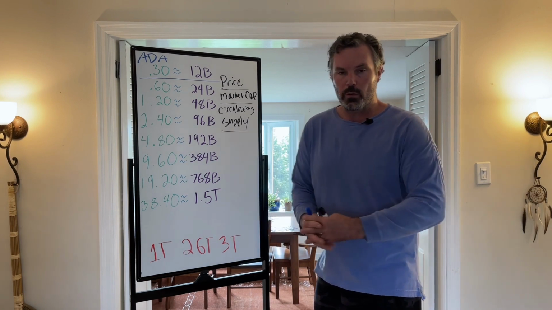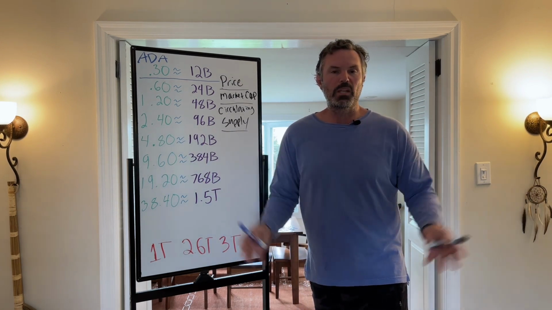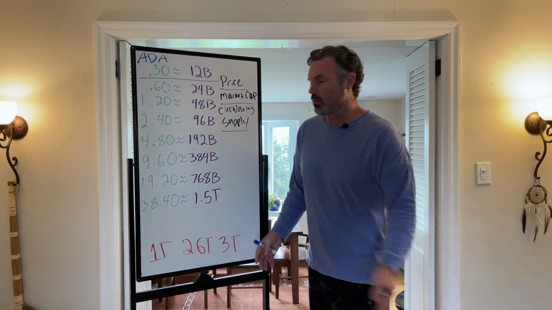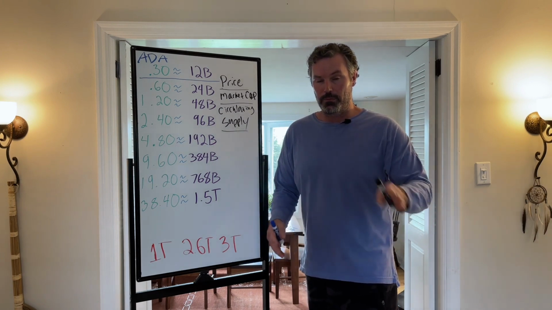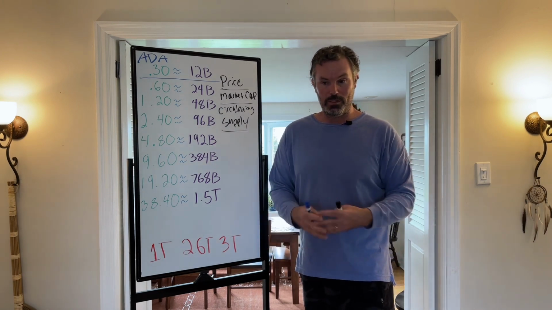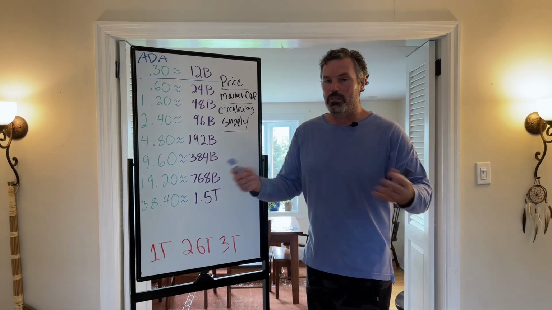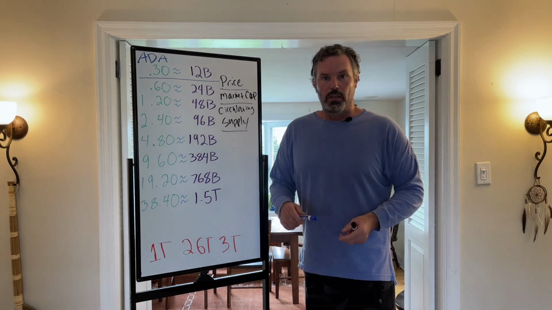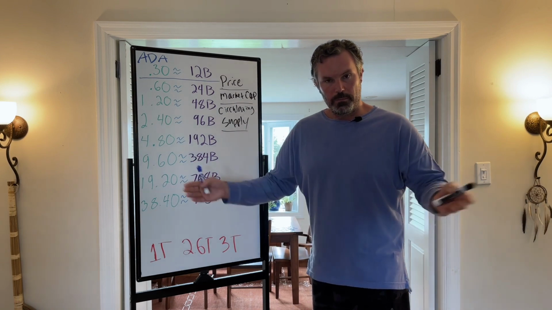So Bitcoin's total supply, we all know, is 21 million Bitcoins that will ever be minted. And so right now the circulating supply is 19.4 million. So it's less than that 21 million. So for the next several, I think even decades, they're going to be minting Bitcoins until they reach that 21 million mark.